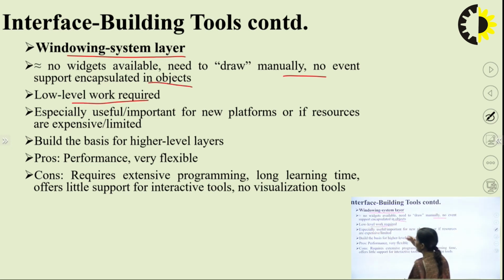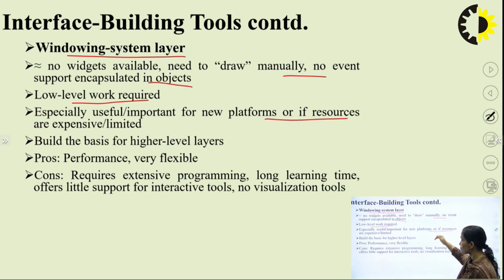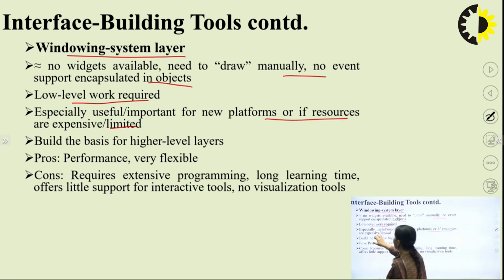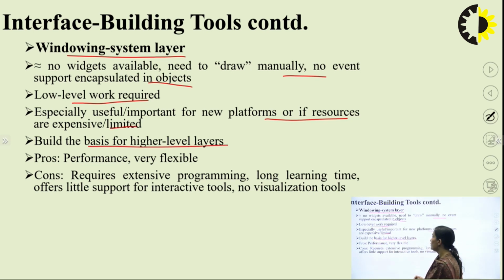So low-level work is required, and these layers are especially useful or important for new platforms or if resources are expensive. They build the basics for the higher-level layers. The advantages of using the windowing system layers are, first, they increase the system performance and they are very flexible.